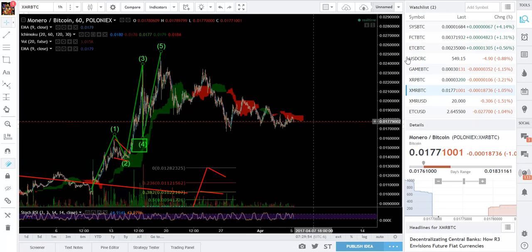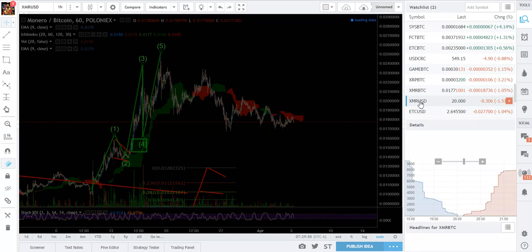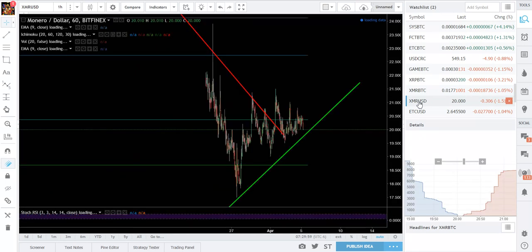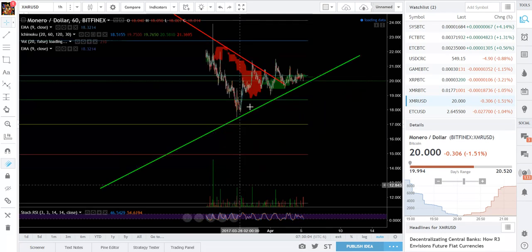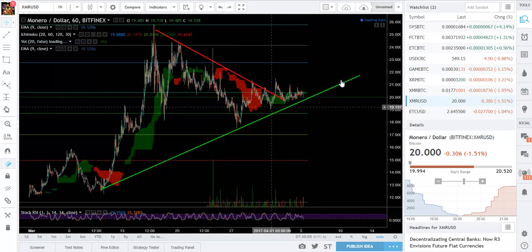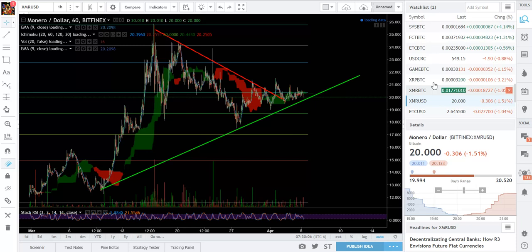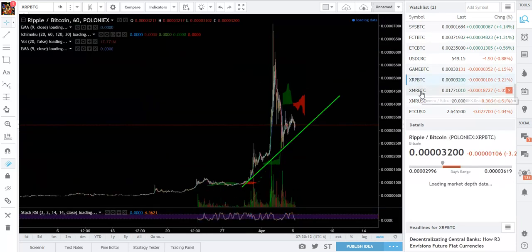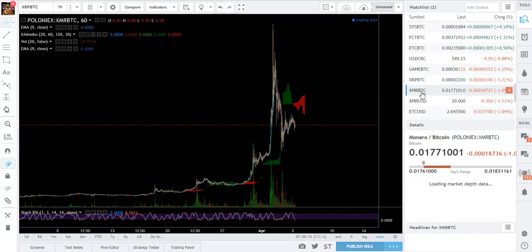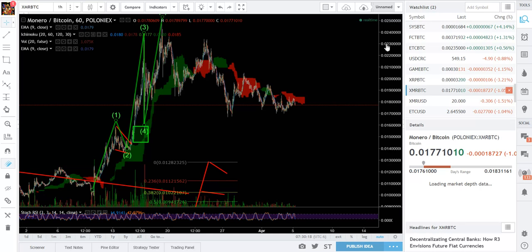I don't really think this is going to dump down further, especially because the USD value is dragging it up. If you look, we're actually trending up against the dollar here, holding a little bit of a trend up. So I kind of switched between the two to get an idea of what the reflection of how one should be playing out according to the other.